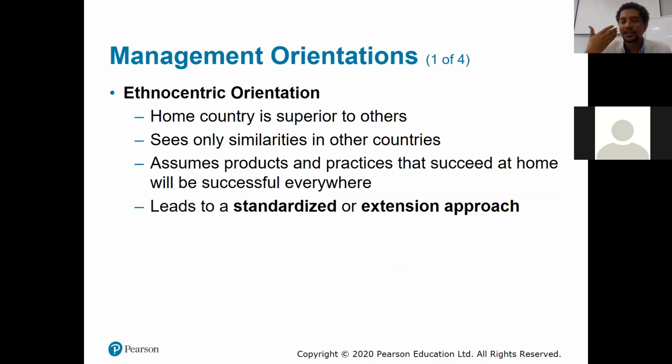This leads to a standardized or extension approach of products. They don't care about what other countries want and how this product will be perceived in other countries, but they believe that other people will have similar needs, and their home country is superior to the others, so they deliver standardized products throughout the world. That is ethnocentric orientation.